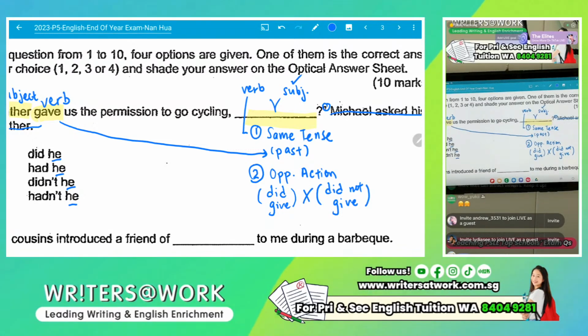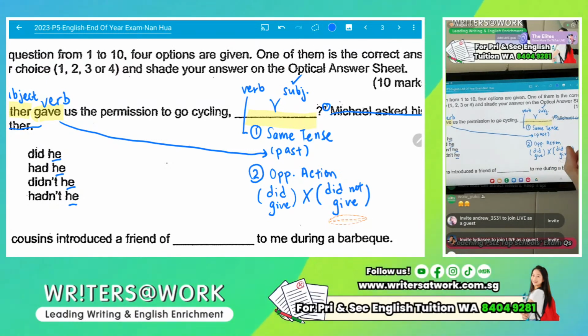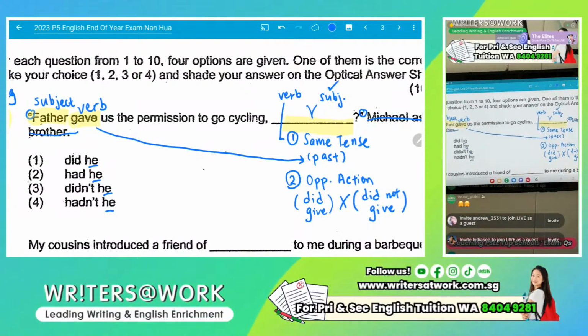If the main verb is did give, the opposite will be did not give over here. So that would leave us with our answer over here, did not. Among the four options, which of these four options present the idea of did not give permission?